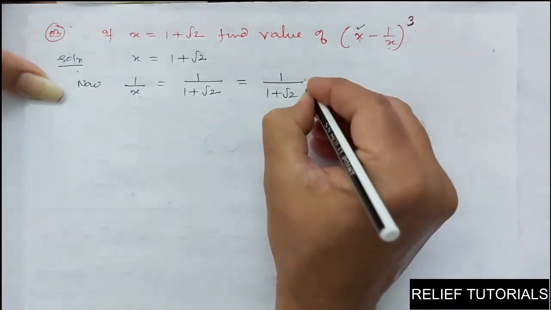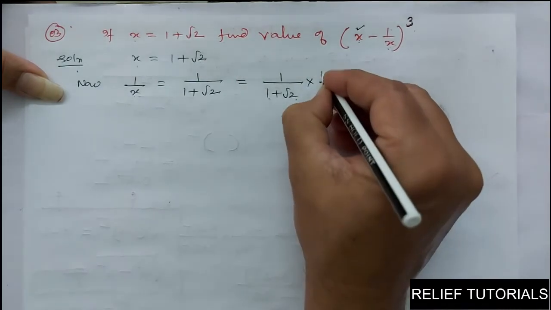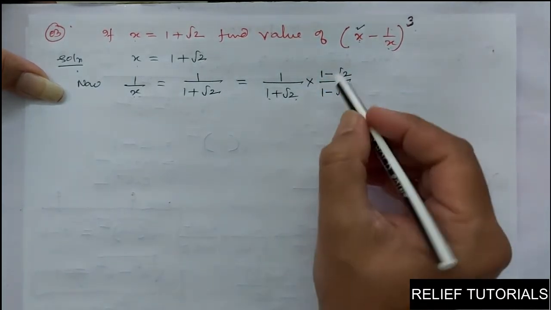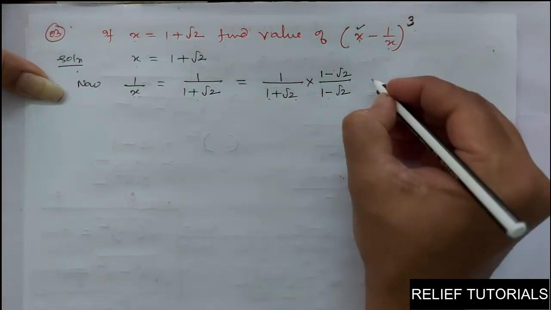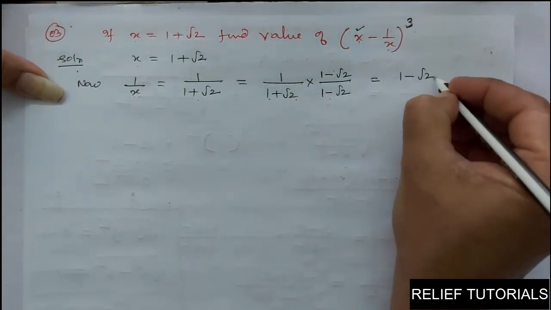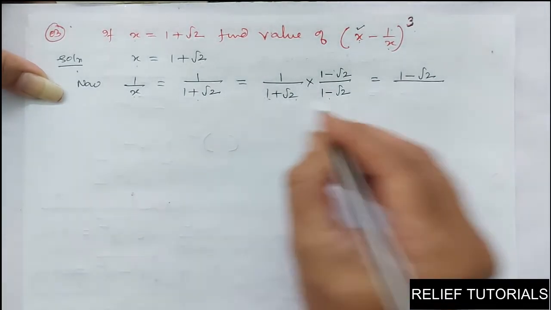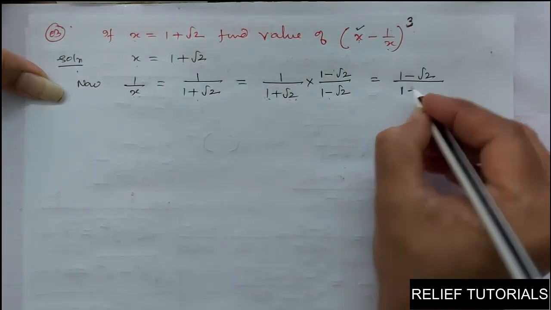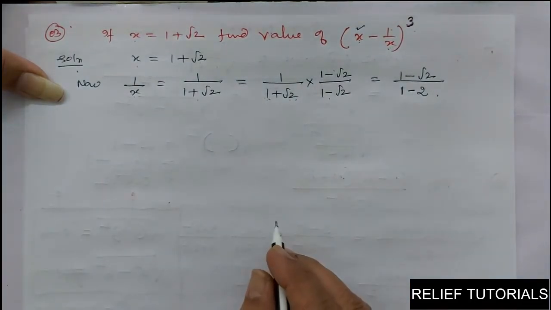See, 1 plus root 2 into the conjugate of 1 plus root 2, which is 1 minus root 2. Here also 1 minus root 2. Multiply numerator and denominator by the same number, the value will not change. So that will be 1 minus root 2 upon a plus b, a minus b. So a square, 1 square is 1, minus root 2 square is 2, 1 minus 2.